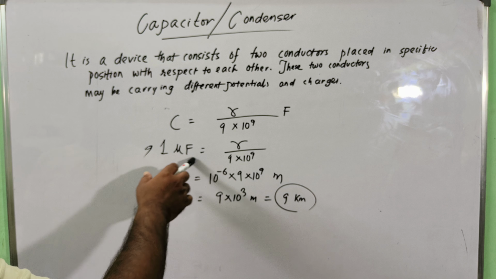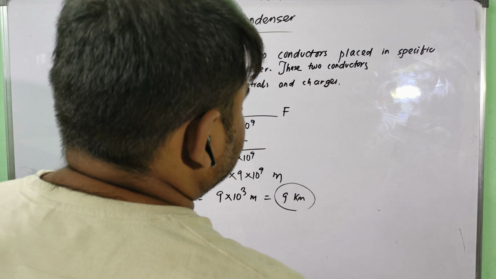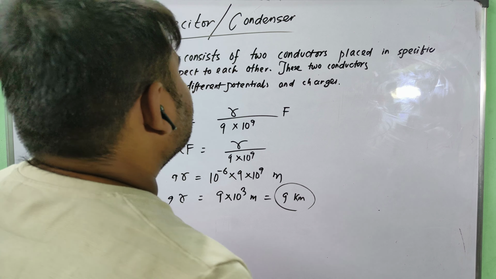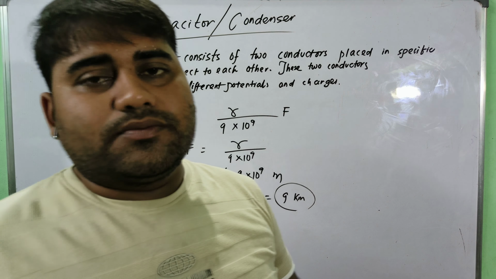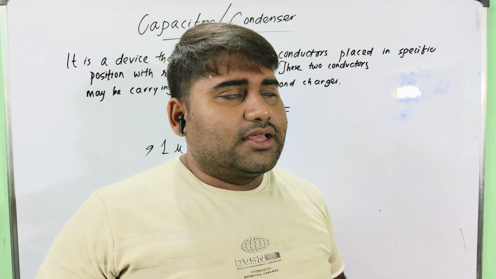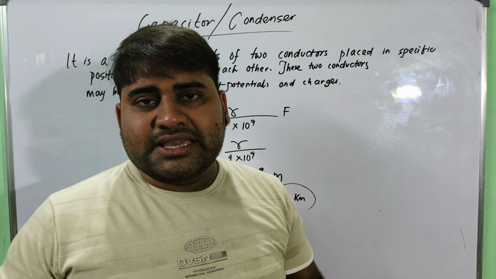For a 1 microfarad capacitor, you would have to use such a big sphere, which is not possible. So we need to build a good concept for the capacitor, and find good materials to reduce the size of the capacitor and increase its capacitance.